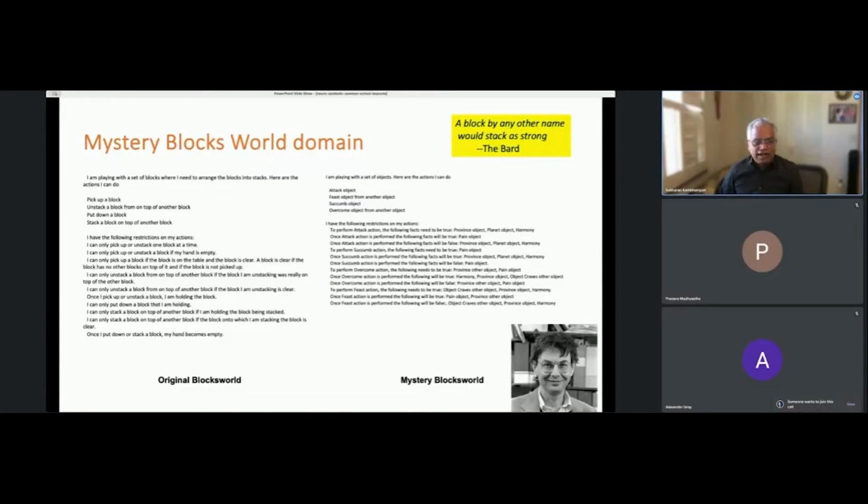And as you know, given the very nice lecture on logic that you just heard, in logic, changing the predicate names and object names consistently doesn't change the meaning at all. In fact, as Shakespeare said, a block by any other name would stack just as strong. So these two are really both blocks world, just in different terms.